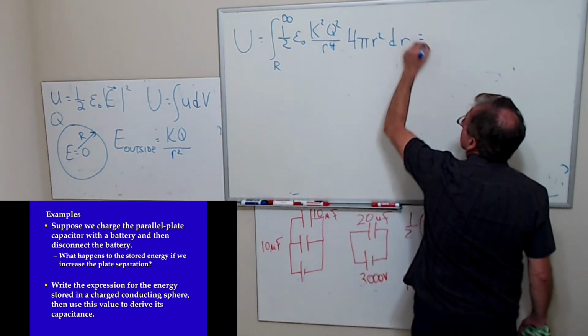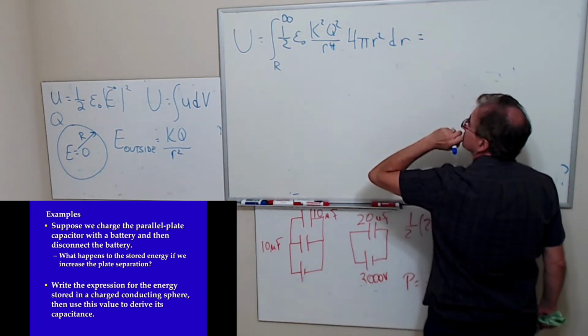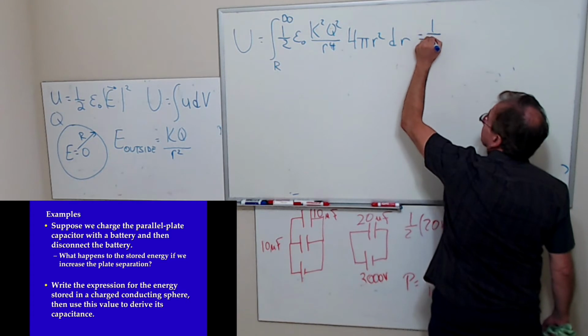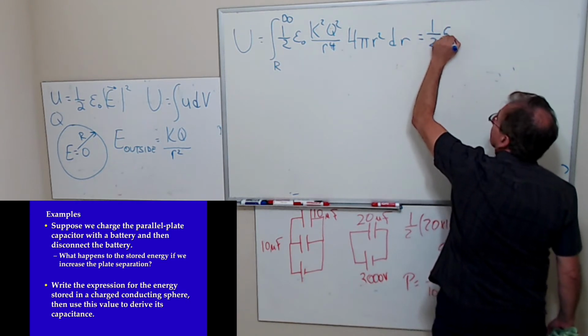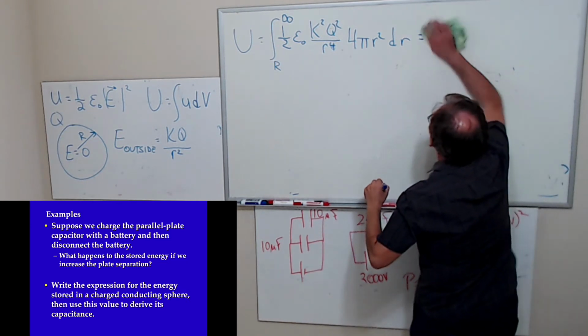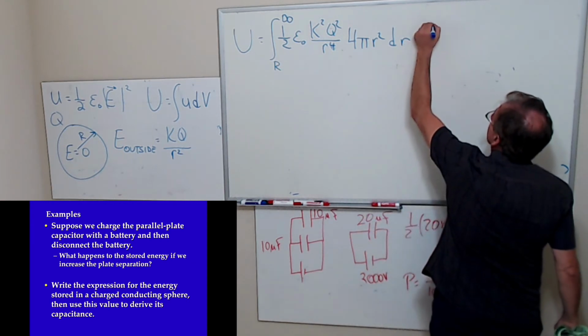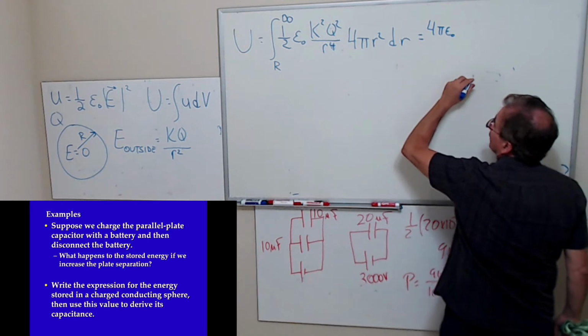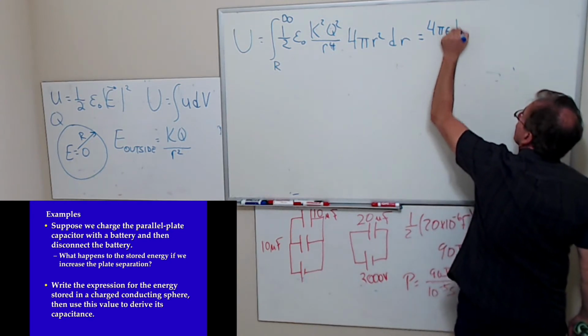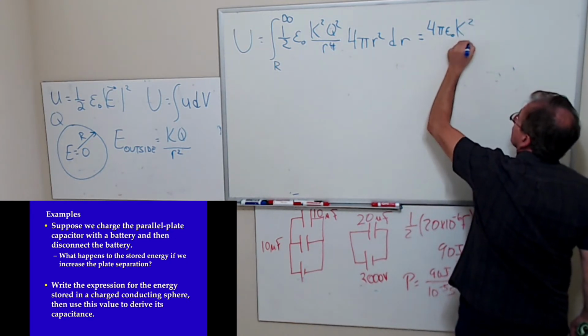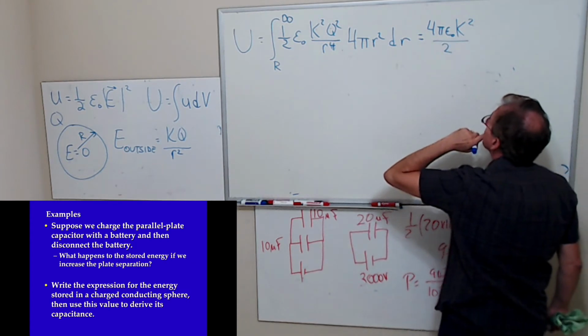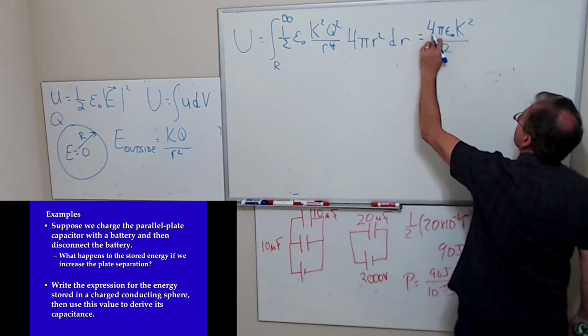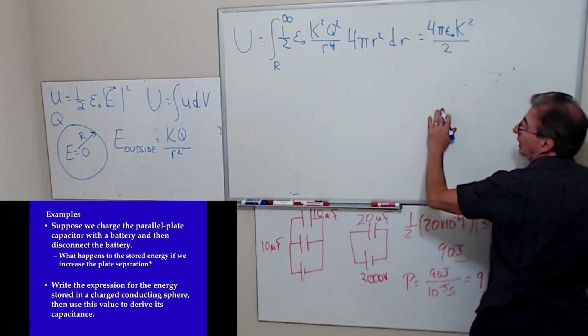Let me continue. Let me pull out some of the constants. Actually, there's a 4 pi in there too. So there's a 4 pi epsilon naught, a k squared over 2. And let's leave this intact because this 4 pi epsilon naught is 1 over k.